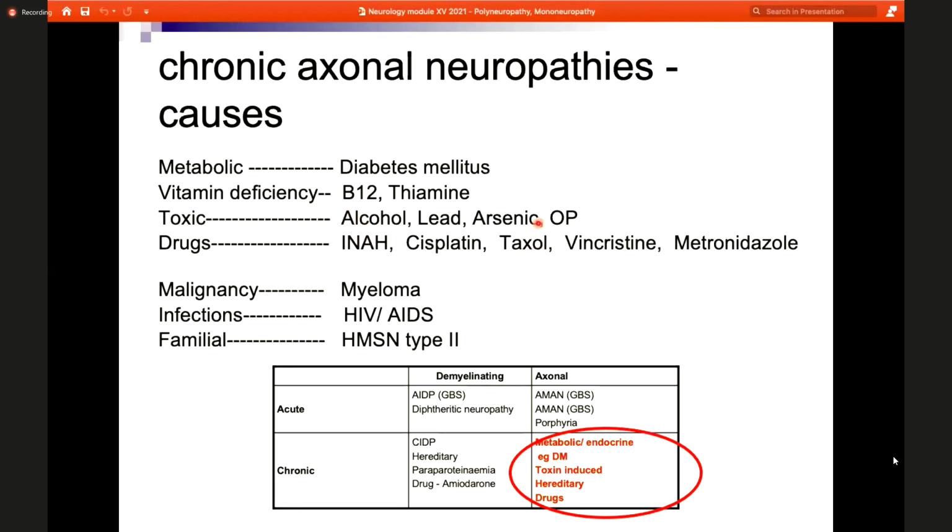Arsenic is also predominantly sensory. Among predominantly motor neuropathies, lead is an example. Charcot-Marie-Tooth disease type 2 is another example. Mixed types of neuropathies you come across in organophosphate-related neuropathy. What else? HIV/AIDS can produce it.